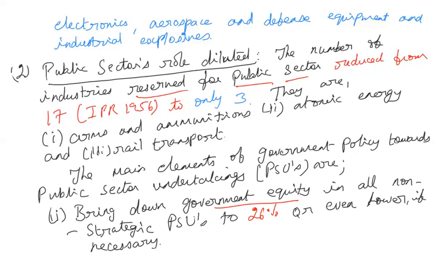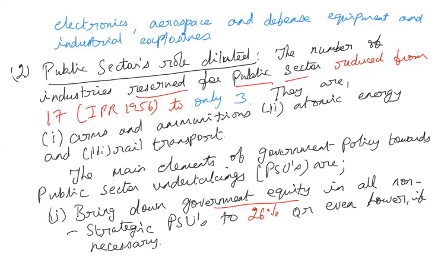That means what? The shareholding of the government should be reduced from, it was 100%, isn't it? So the exclusive monopoly of the state, that means the 17 industries were exclusive monopoly of the state, so that means 100% shareholding was from the government.